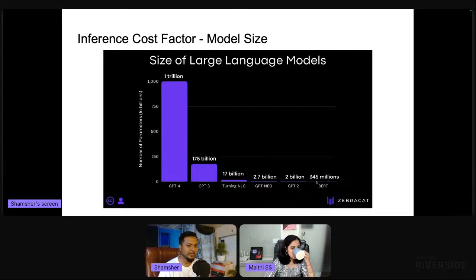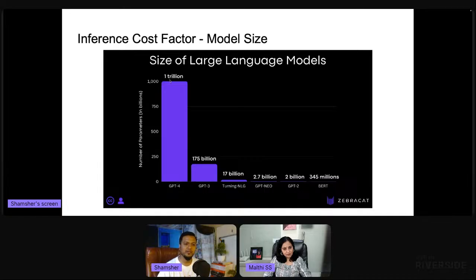When they started, it was BERT, which was a 345 million parameter model. Similarly, GPT-2, 2 billion, GPT-Neo, Turing, GPT-3, and now GPT-4. You're currently using GPT-5, but they did some trick, which I'll explain later, which actually reduces their cost of inferencing, right? So GPT-4 comes with a 1 trillion parameter model.